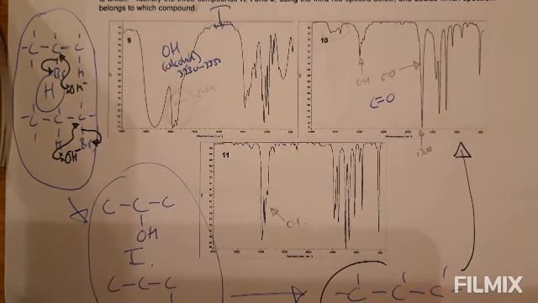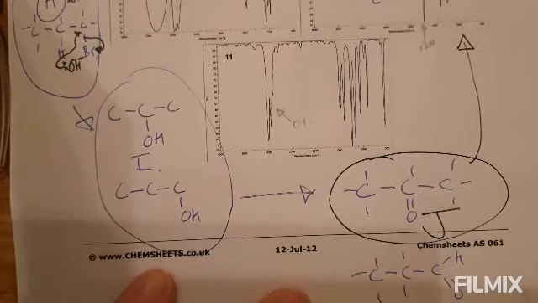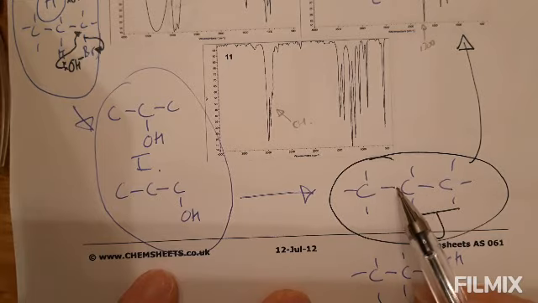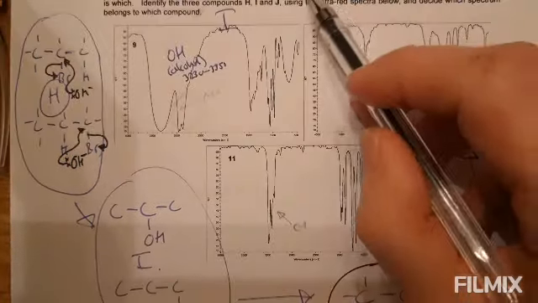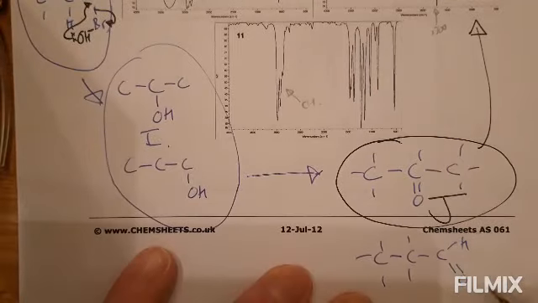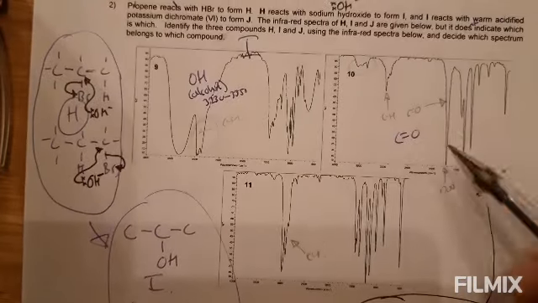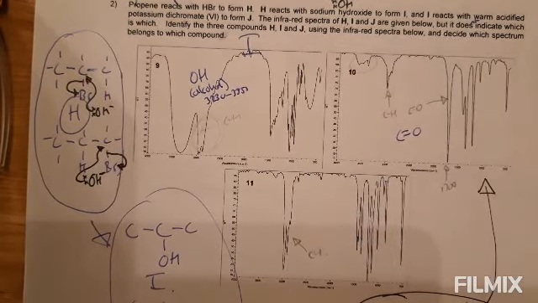Therefore, I'm going down the route that this is J, because if it was a primary alcohol, we probably would have made the carboxylic acid there. And this isn't a carboxylic acid. Alright, so this is J.